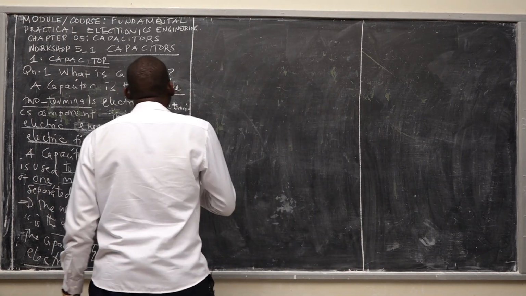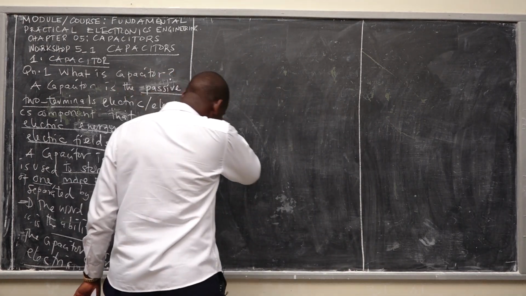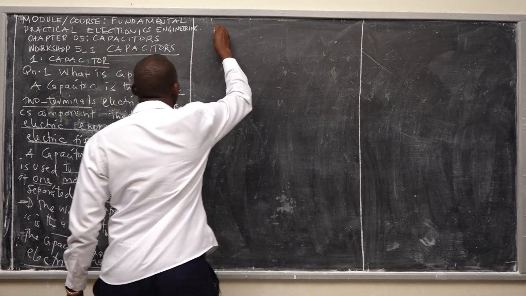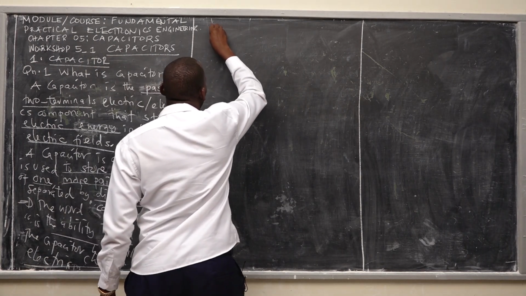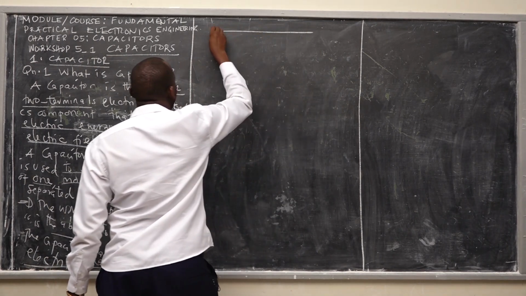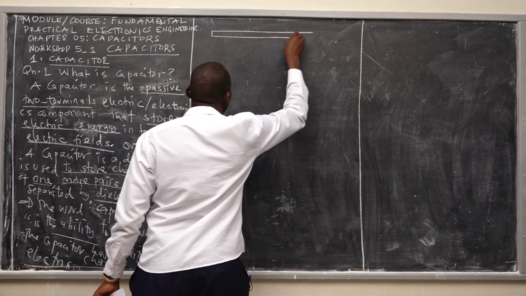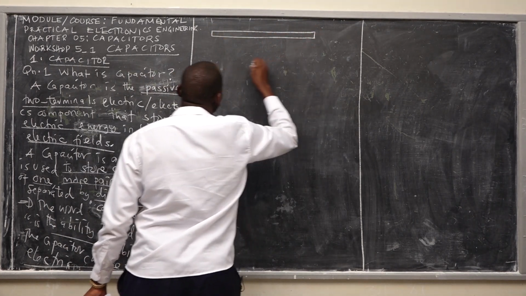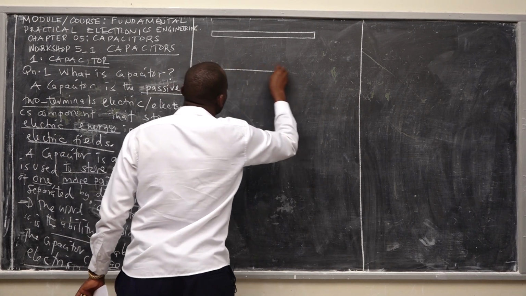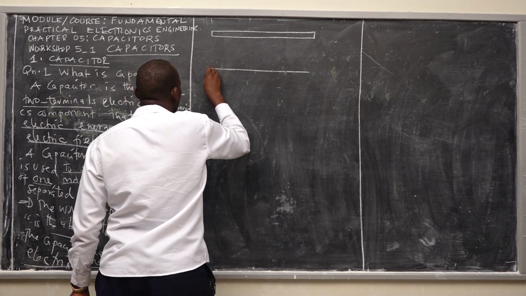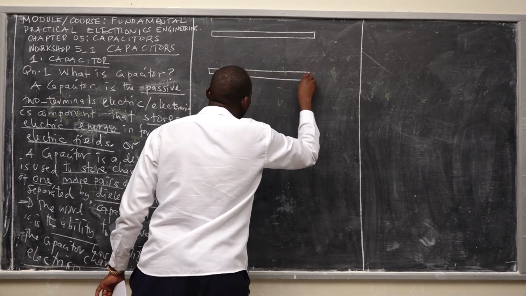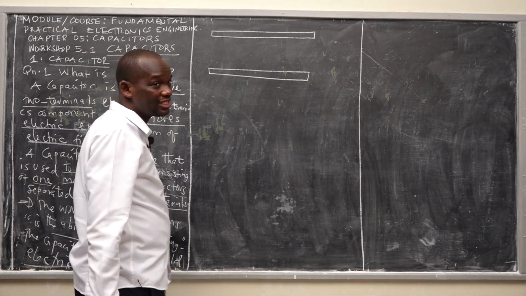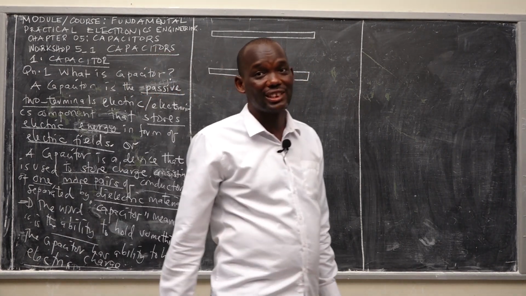So when we consider this definition of the capacitor, here it's just the construction of it, to remind you of what we taught you in physics science, especially advanced physics, where we learned about electrostatics.